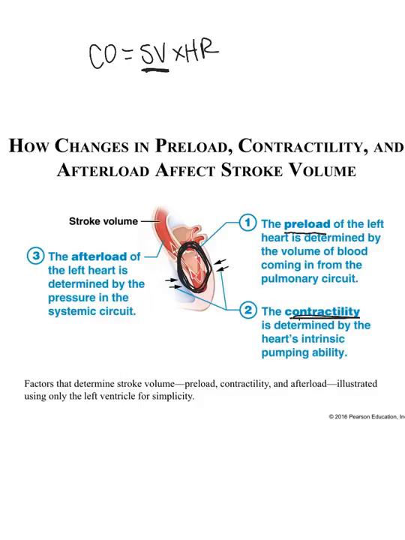Contractility is how well those cardiac muscle cells can contract, how hard they can squeeze. And then the afterload refers to the pressure that must be overcome by the ventricles.